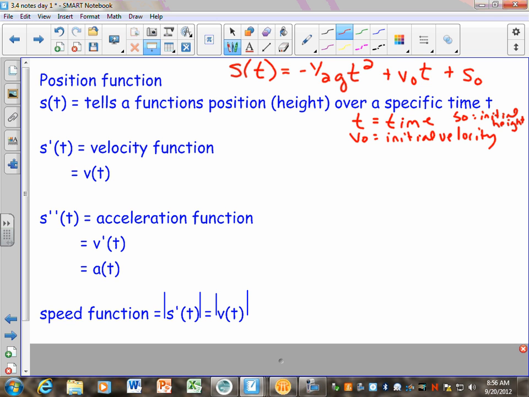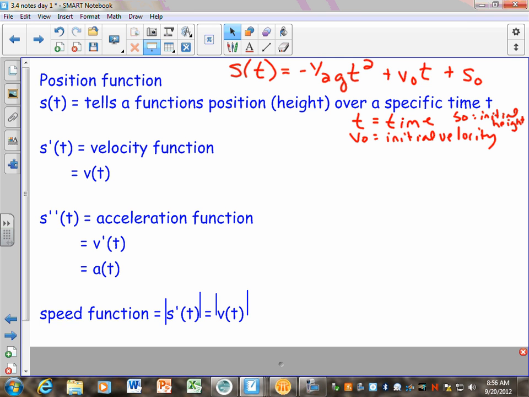So if you want to find speed, you just take the absolute value of the derivative of the position function, which would be the same as taking the absolute value of the velocity function. Speed is always positive. If velocity is negative, that just means the object is going down, it's falling.